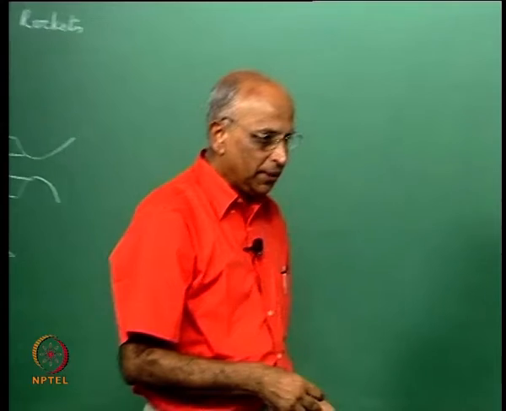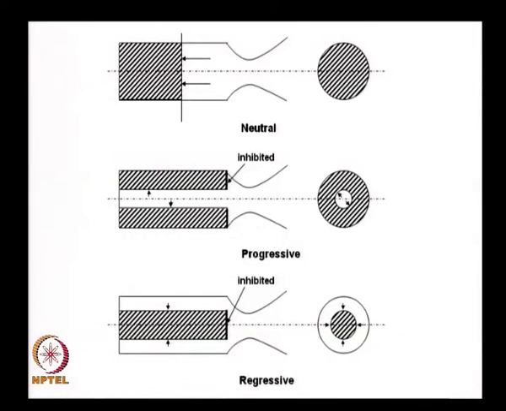We talked in terms of, let us say, a neutral burning grain, that means the burning surface area is constant as it keeps burning. We called it neutral burning because both the pressure and the thrust were constant for all times. We also discussed the radially burning grain, burning from inward to outward, and what did we find?